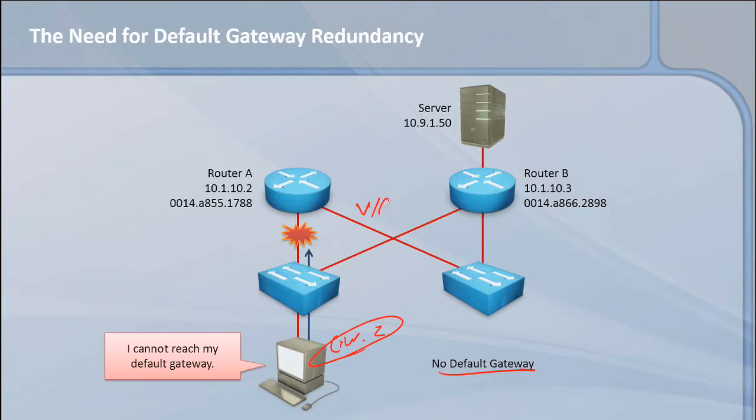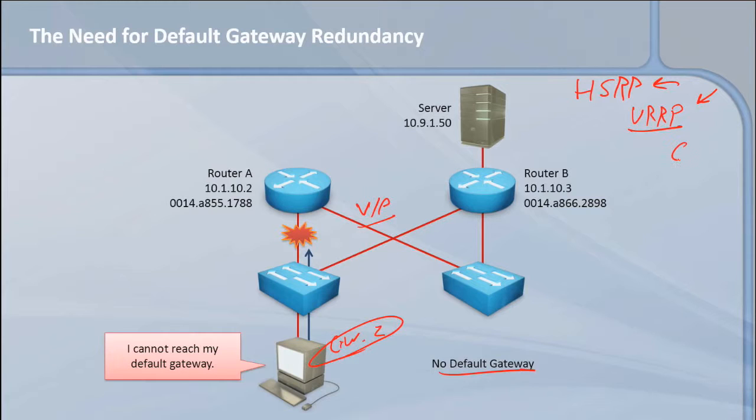So we set up a virtual IP address using a protocol like HSRP, VRRP, or GLBP. There's 3 protocols that you have to choose from. HSRP is the one that Cisco invented. You know how this works. Years later, there was finally a standard. It's called VRRP, and Cisco supports that too.